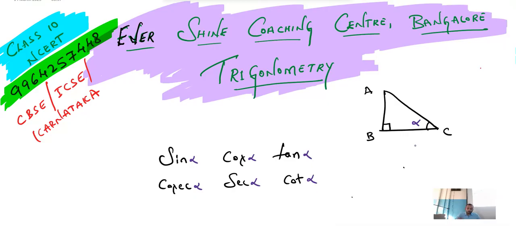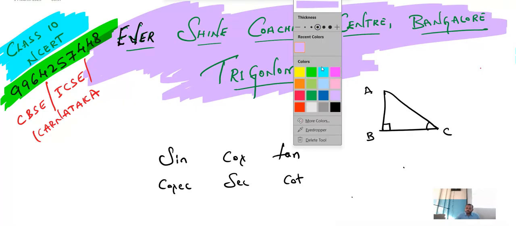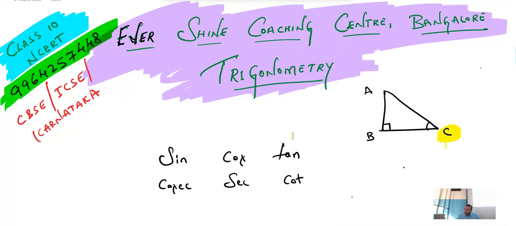Clear? Suppose the acute angle is not theta, not alpha, in that scenario, what are we supposed to do? Simple. Then use the corresponding alphabet. Can you see this? What is this?